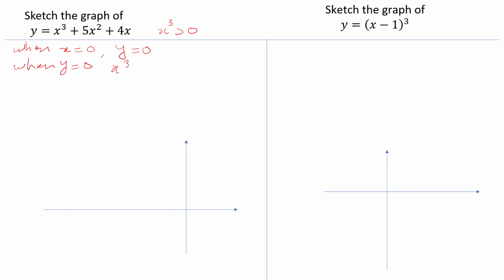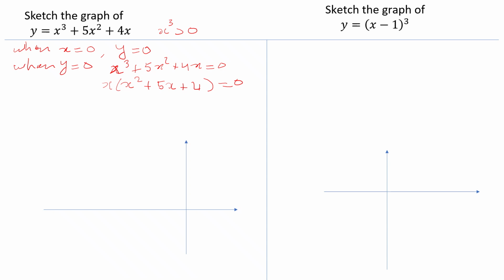So x cubed plus 5x squared plus 4x equals 0. We don't know the roots, so we need to factorize this one. So take x out of all these terms. So x times x squared is x cubed, plus 5x times x is 5x squared, plus 4 times x is 4x equals 0.